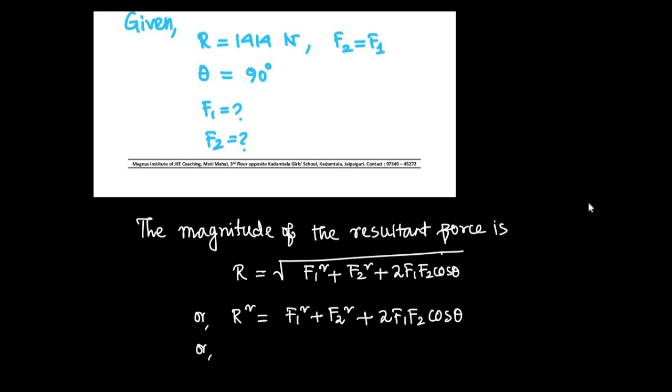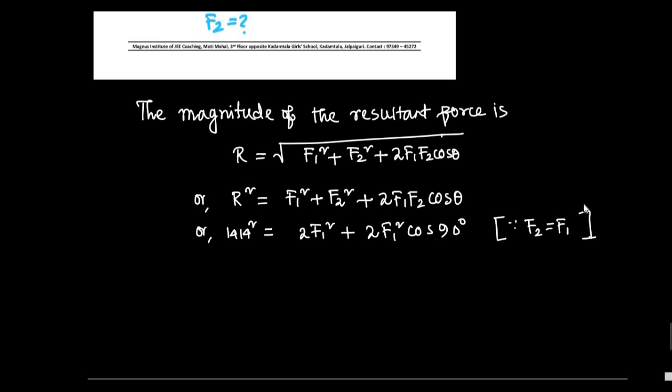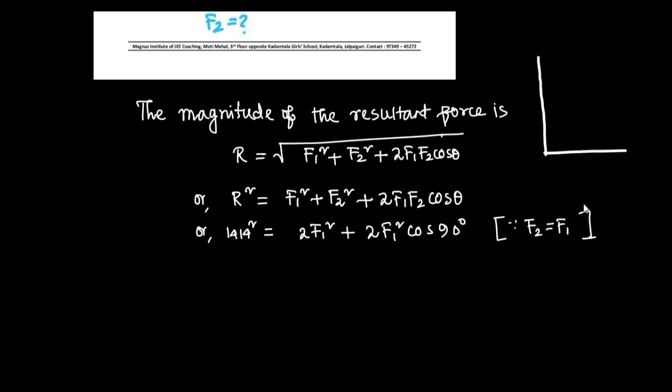In place of R we can write 1414 square is equal to F1 square plus F1 square plus 2 F1 square cos theta, using F2 equal F1. So 1414 square is equal to 2 F1 square plus 2 F1 square cos 90 degree.